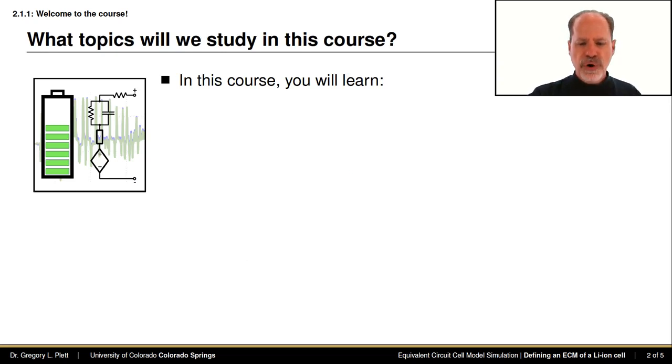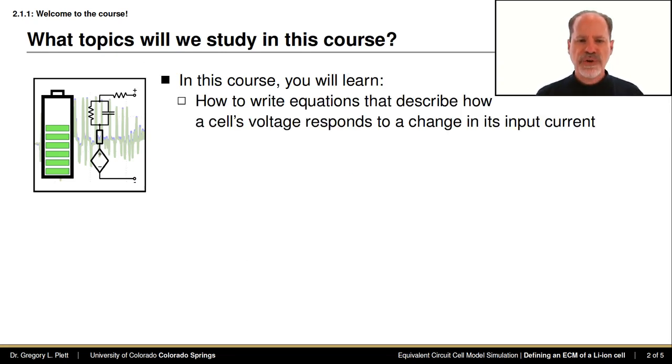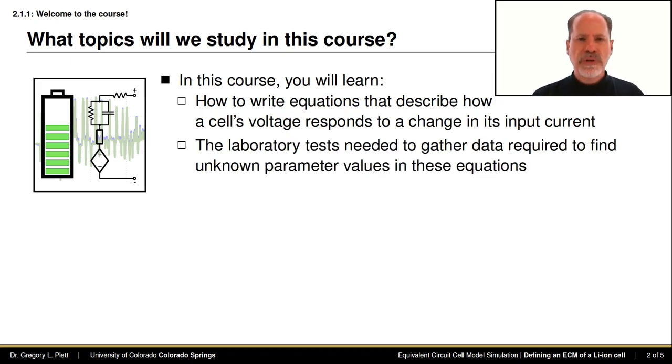So in this course, you will learn how to write equations that describe how a battery cell's voltage will respond to a change in its input current stimulus. You will also learn what laboratory tests you must perform in order to gather the data required to compute the parameter values or the constants that go in the generic battery model equations.